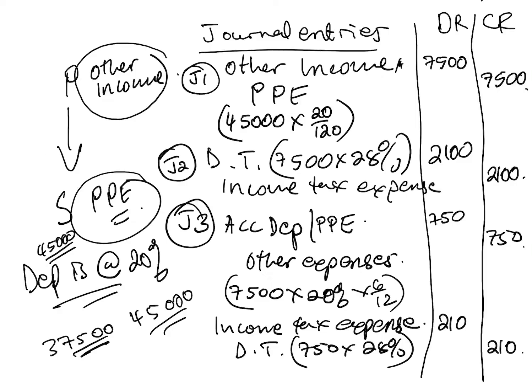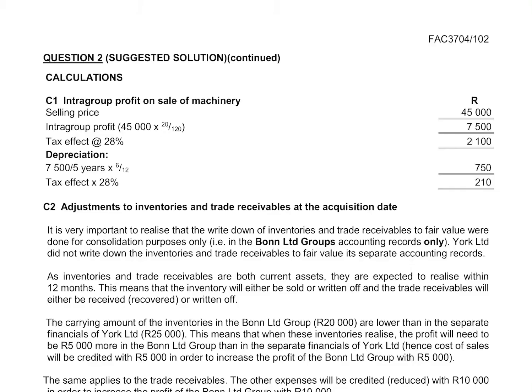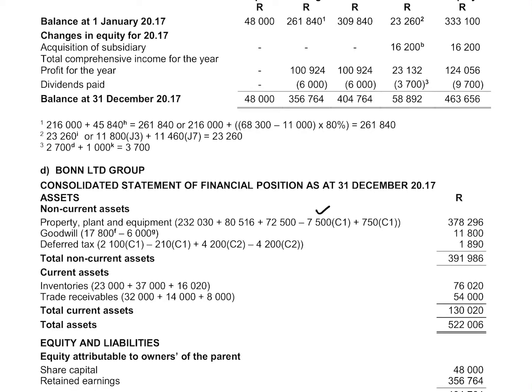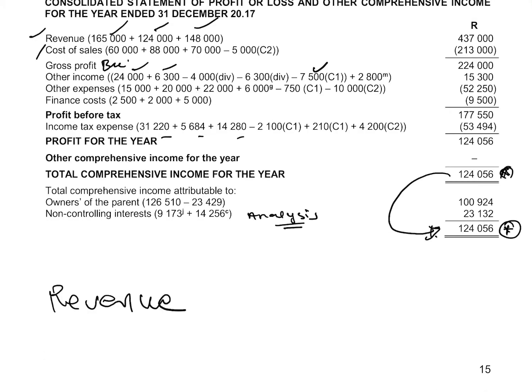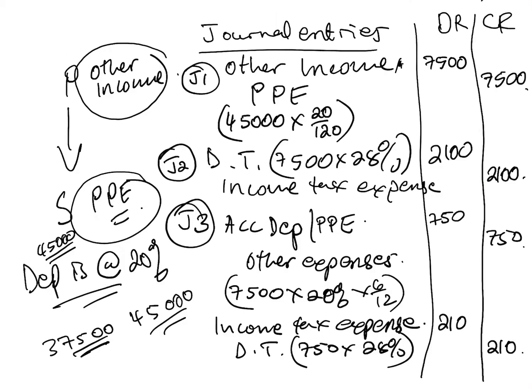Then we come to journal number 2. Journal number 2 was the issue of tax. Deferred tax has been debited. So in the statement of financial position, you check where your deferred tax is. It could be under assets or liabilities depending on which one is greater. So in this case, there was an amount of 2,100, which is an asset, and an income tax expense of 2,100.